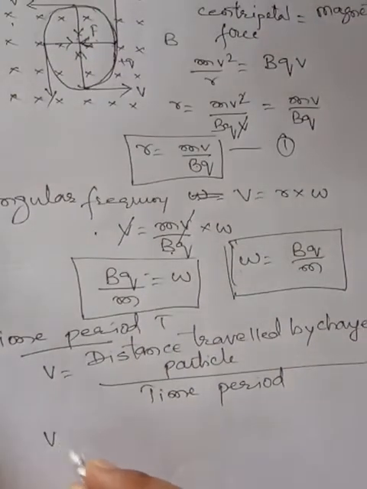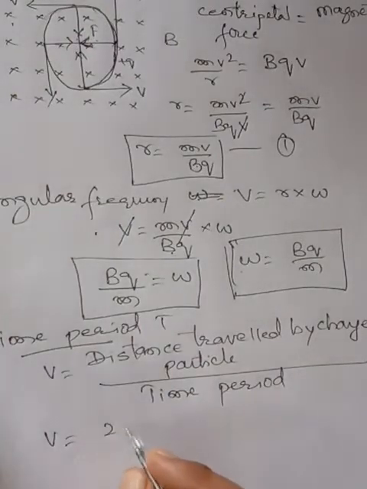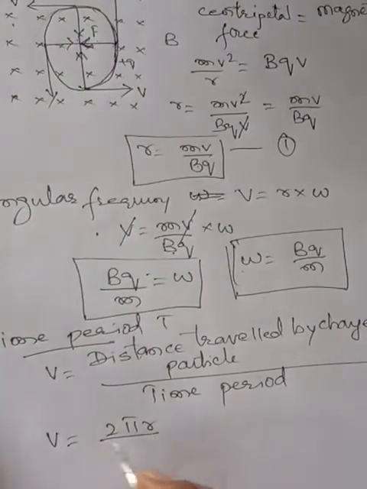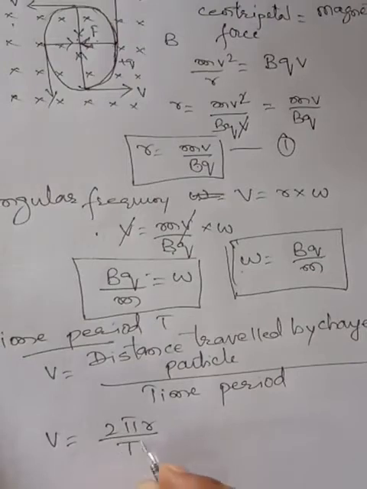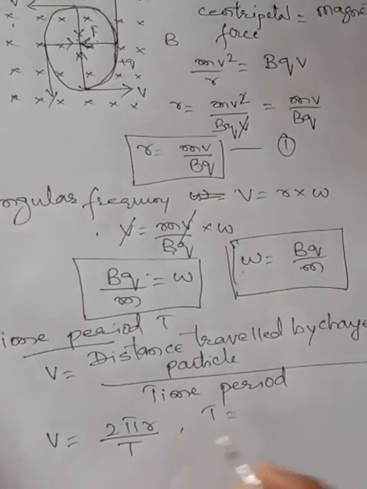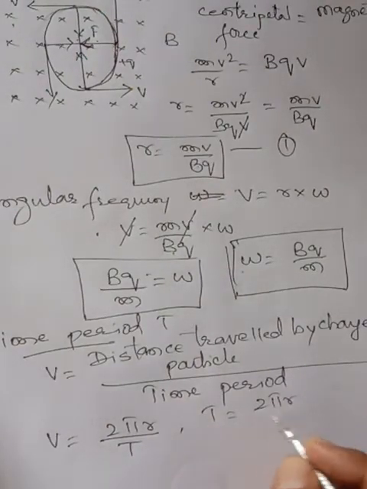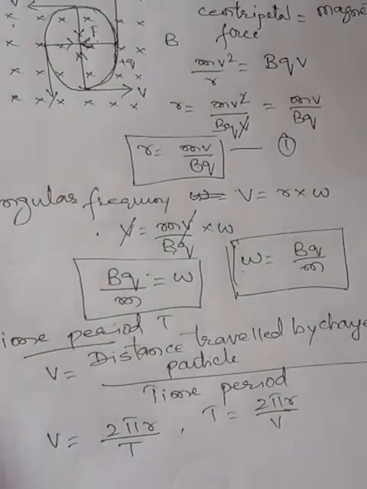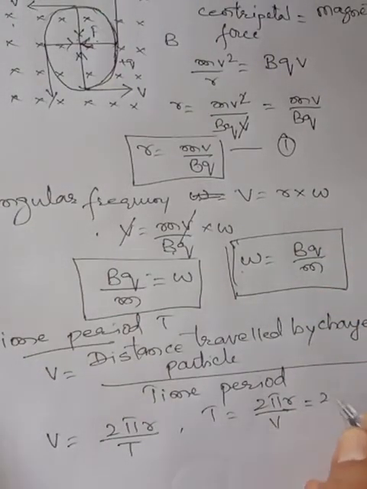So v is equal to distance traveled by the charged particle. If the particle is moving in a circular orbit, the total distance will become 2 pi r, upon T. We have to calculate the value of T, so cross multiply: T is 2 pi r upon v. But we already know r is equal to mv by Bq. v and v will get cancelled.